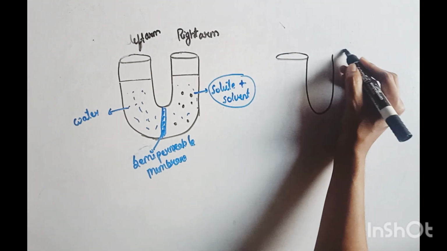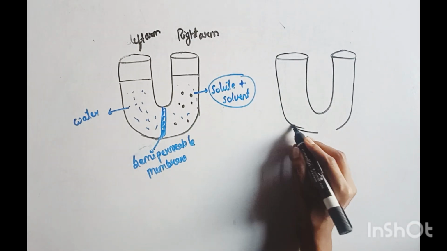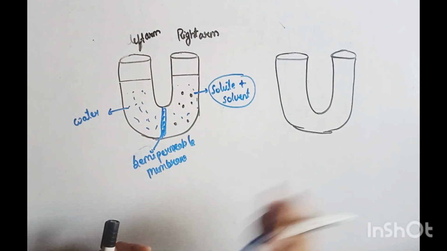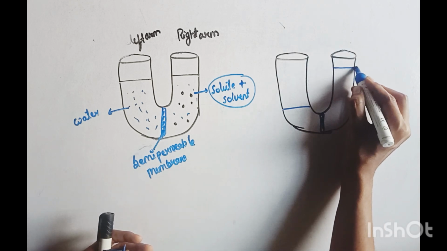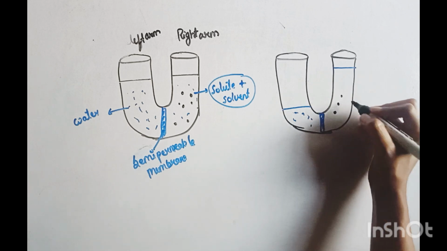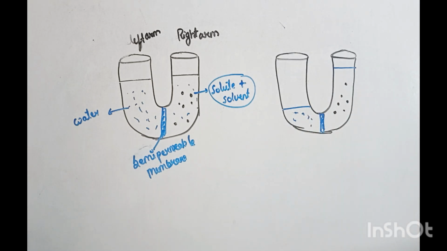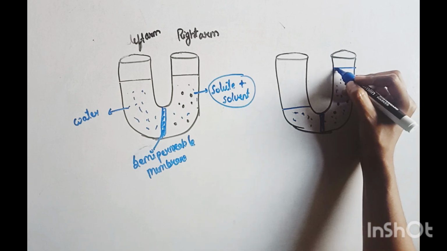You might think that all the water molecules move from the left arm to the right arm until no water remains in the left arm, but this is not happening. Why? Because as the water increases in the right arm, the movement suddenly stops, because a pressure is applied.